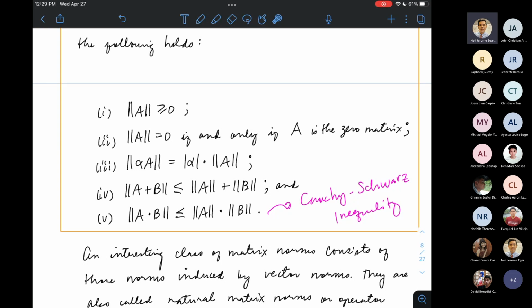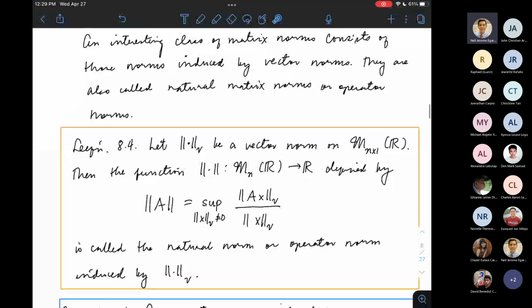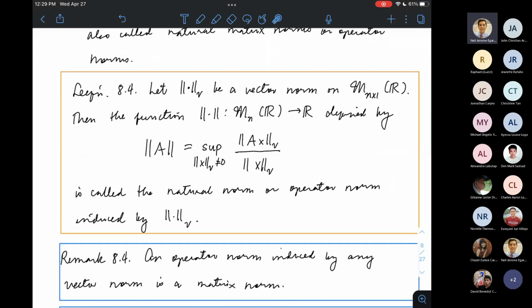Pero ang madaling makita ng mga matrix norms ay yung mga matrix norms na induced or generated, or yung nanggagaling dun sa mga vector norms, right? So, tatawagin natin sila mga natural norms o mga operator norms induced by vector norms.